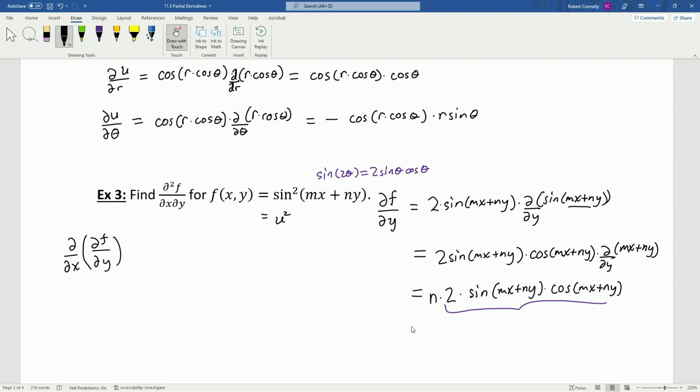So that's going to help out a lot here, because then I can write this as n times sine of 2mx plus 2ny. And that's going to be a whole lot easier to take the derivative of than that product.